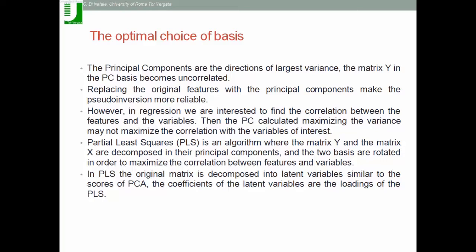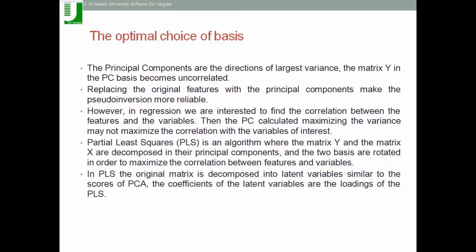So we are interested to find not a decomposition of the matrix in terms of variance, but a decomposition of the original matrix into directions that are actually correlated with the scope of our analysis. It means, for instance, in this case, the correlation. And this is actually done in advance of principal components. It's called partial least squares.